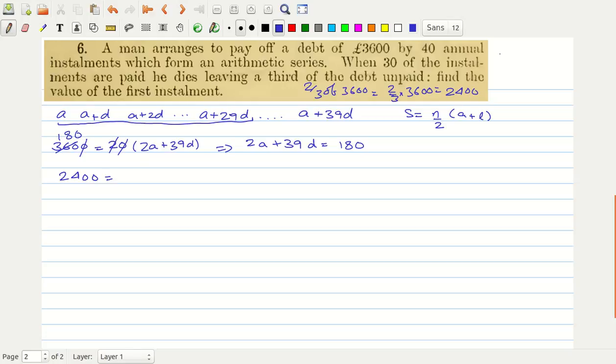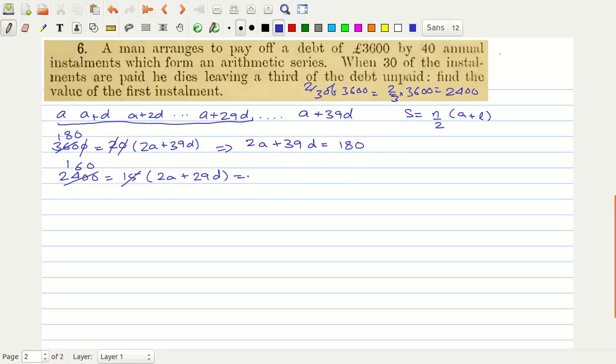What is the number of terms? Number of terms is now 30. So 30 by 2 is 15 times 2a plus 29d. Okay, now we are taking only the sum of 30 terms. So from here we get 15 times, so 2400 divided by 15 is 160.